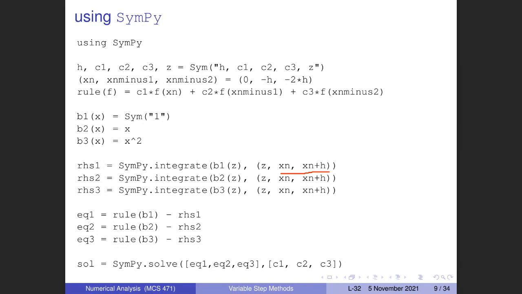So we have our 3 basis functions, and the right-hand sides will be the right-hand sides in the equation. So requiring this, we have 3 equations, and the rule is defined here symbolically. So we have a function that will apply the rule at those 3 points.